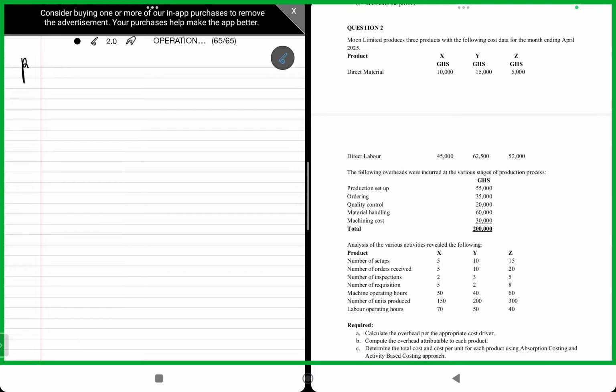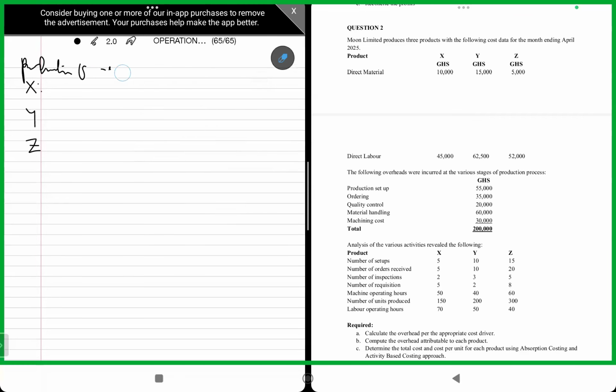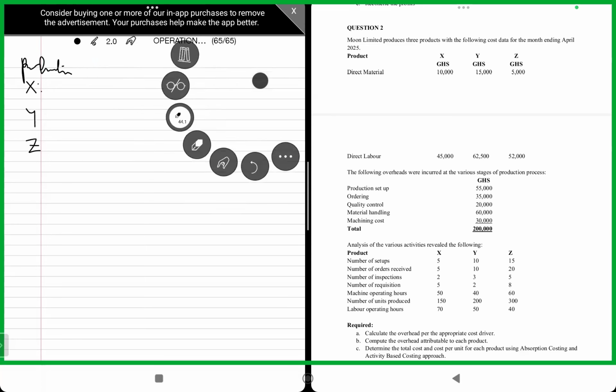So production overhead. I'll pick X, Y, Z. Are you getting it? Pay attention. What is the amount for production setup? Production setup. 55,000. Pay attention.